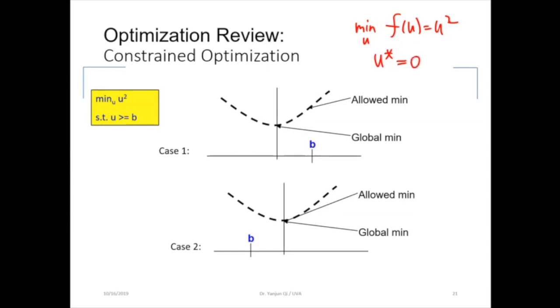So the best u is 0, and the best f(u) star is 0, too. It's very clear from this bell-shaped function. However, if I require u to be larger than or equal to b, what do I mean here? It means I actually cannot go to the right side of b at all. The only choices I can select are from the region larger than b.